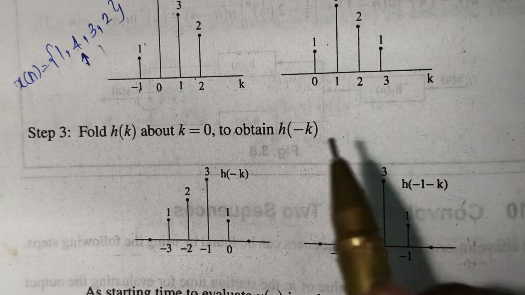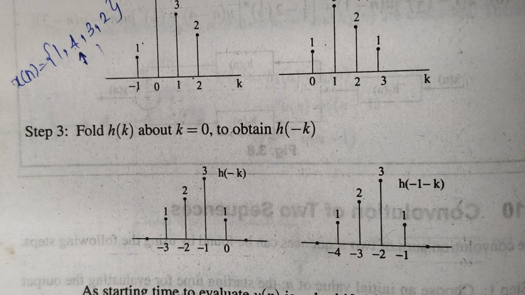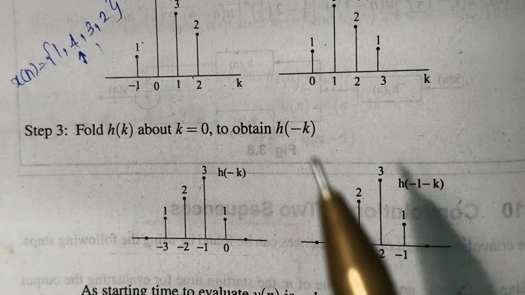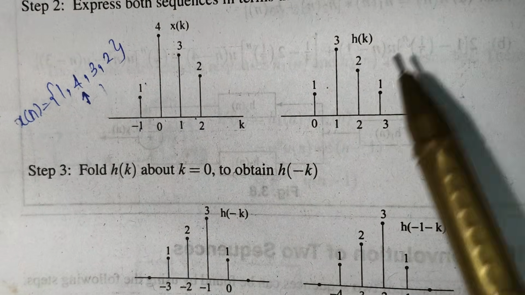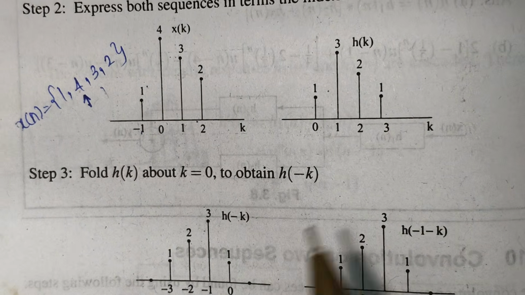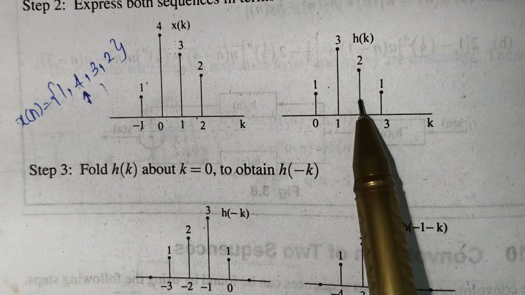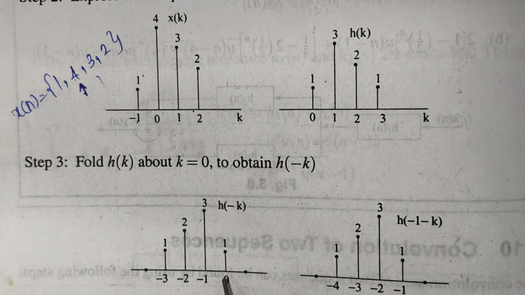After changing it, I'll find the folded version of the signal, which is nothing but h of -k. So this is going to be your h of k signal, and this is my h of -k. I'm just going to fold this signal. What happens after folding? This part will come here and this part will come here. That is what is happening here.